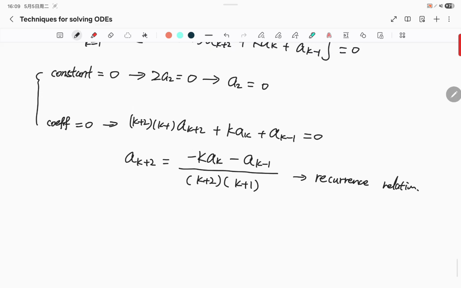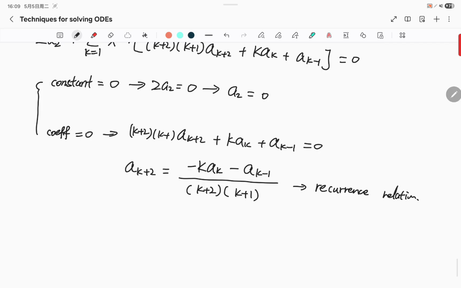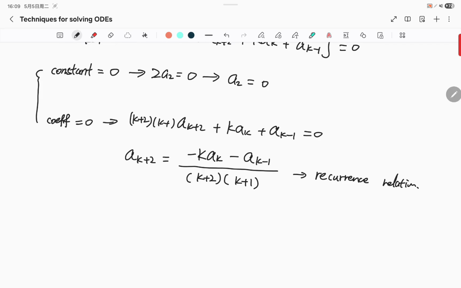So now I have a2 to be 0, and I also have a k plus 2 to be given by the recurrence.